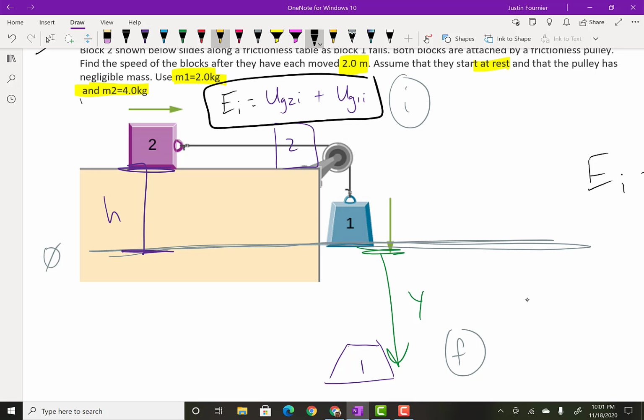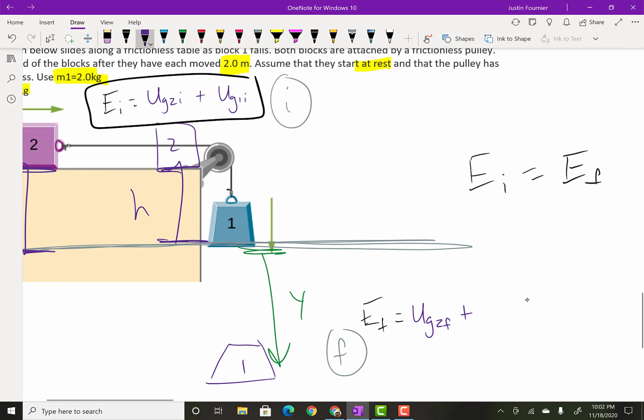That's the initial energy. So for our final energy, well, the object is dropped below here. We have object 2 still at the same height, right? So the final potential energy for object 2, so I'm going to have gravitational potential energy for object 2 at the end, plus gravitational potential energy for object 1 at the end.